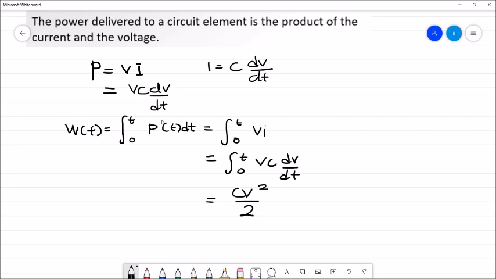Okay, then don't forget your integration limits. So the energy is 1 over 2 C V squared.